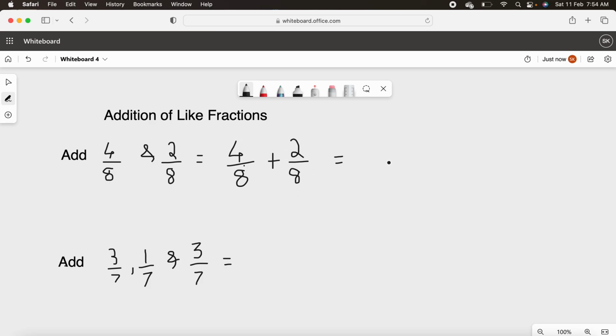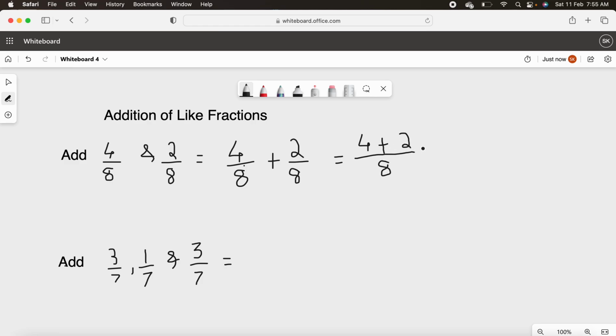Now the next step, we are not going to add the denominator. It's a like fraction. Since the denominators are the same, we can add the fractions, but we can't add the denominators. We'll just write 8, and on top you write the numerators 4 plus 2.